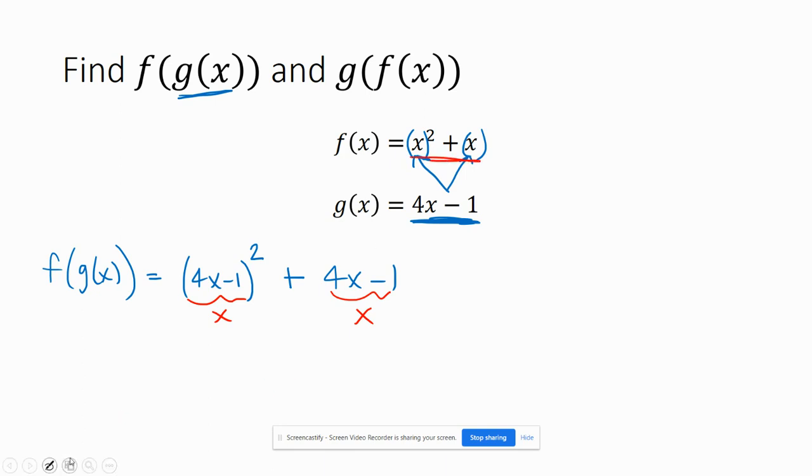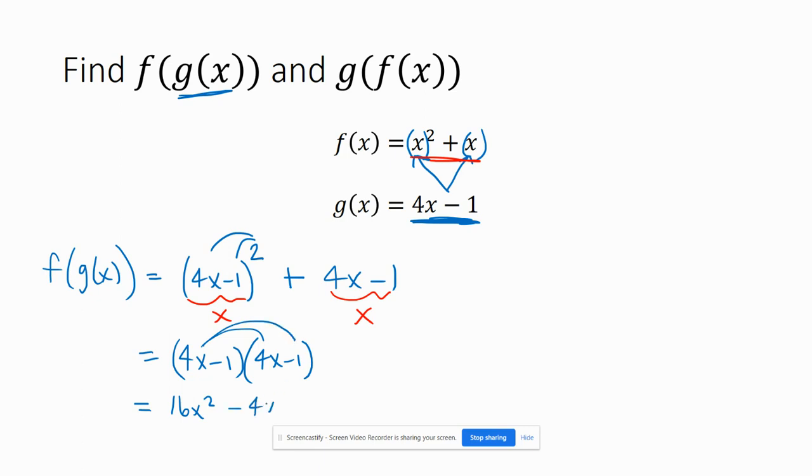Okay, and now we simplify. 4x minus 1 squared, we have to multiply this out. 4x minus 1 times 4x minus 1. We cannot just distribute. That's not how it works when there's addition or subtraction. 4x times 4x is 16x squared. 4x times negative 1 is negative 4x. And then we have the same thing in the middle. And then negative 1 times negative 1 is positive 1.